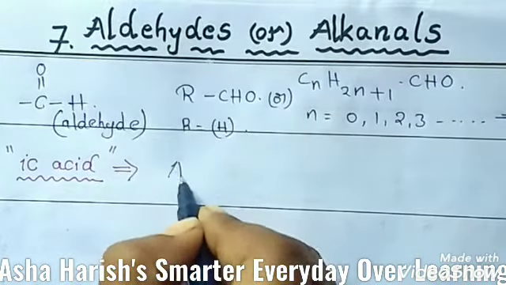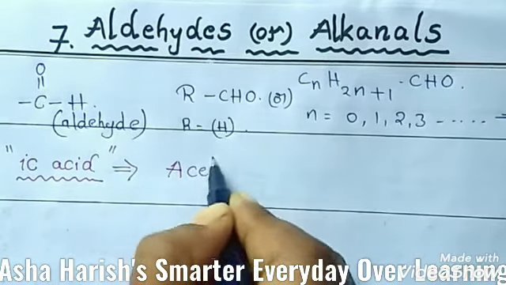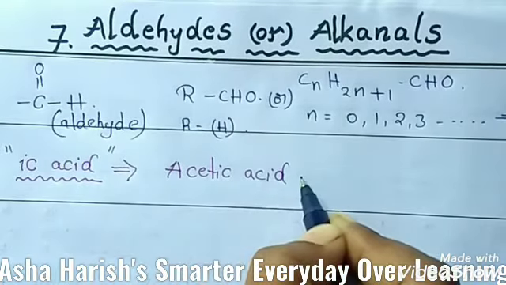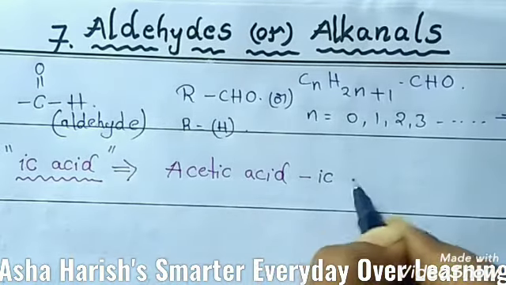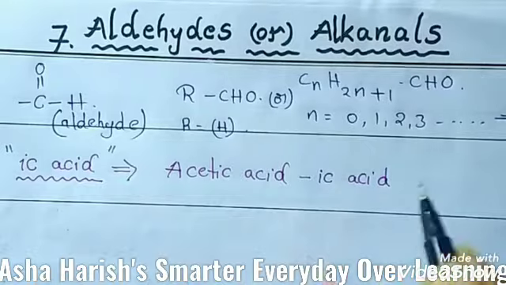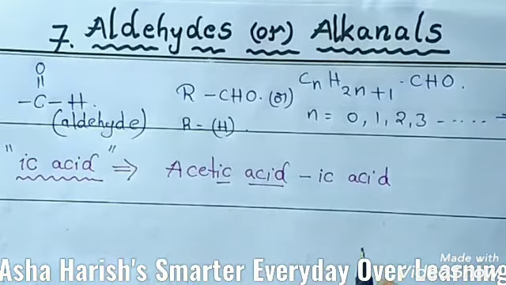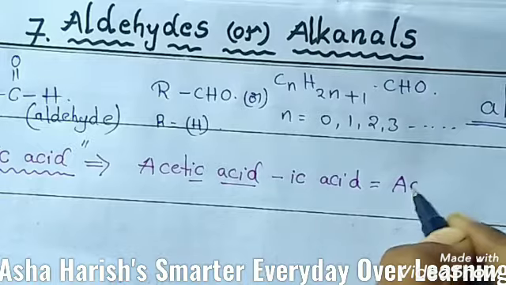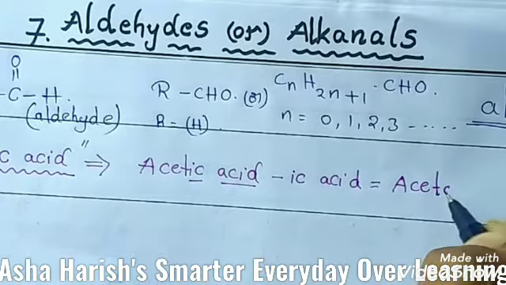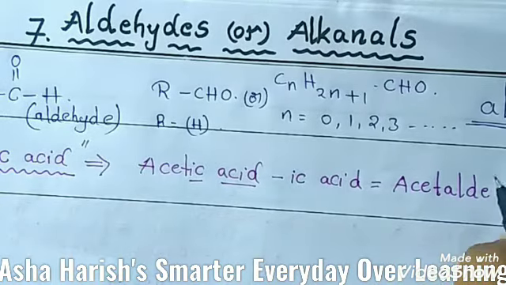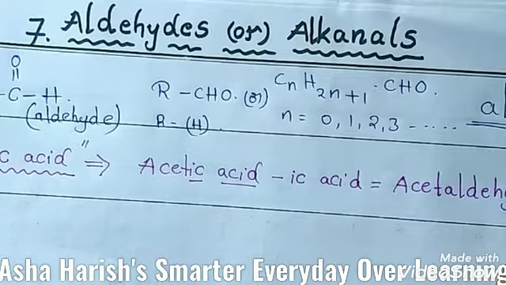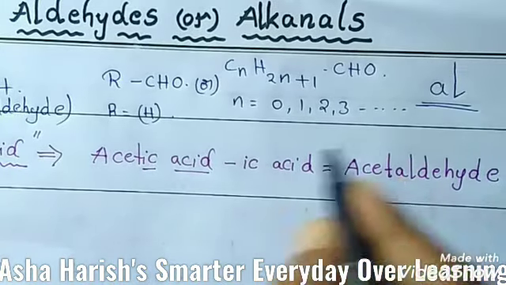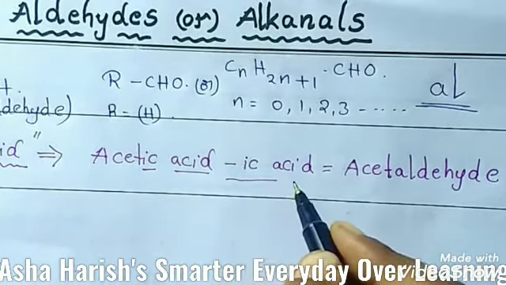For example, dear students, acetic acid is an example. From this, if you remove ic acid, then what should you get here? Acetaldehyde. Okay, this is the common name for this.